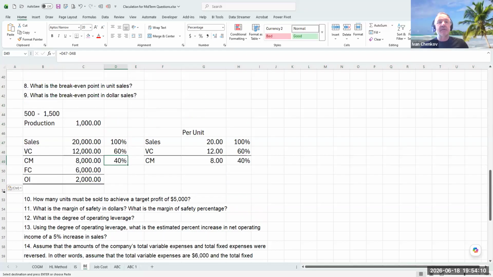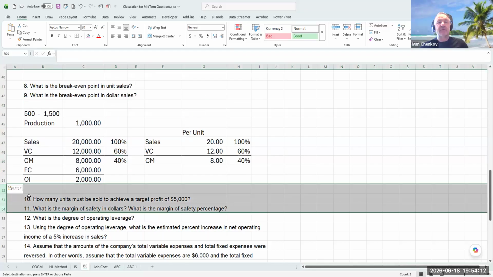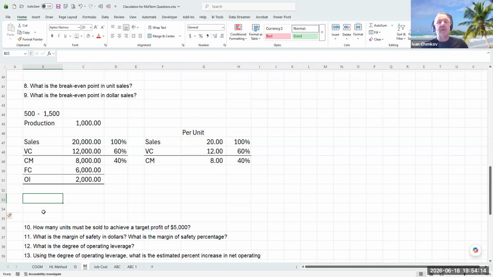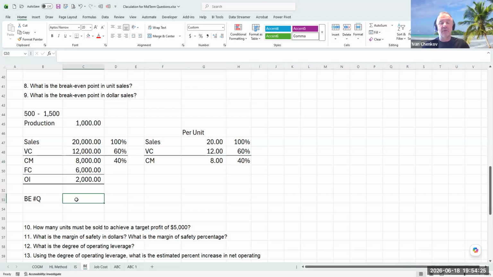So in this case, if we have to get the break-even in number of units, what do we need? We need contribution margin per unit. So I know the fixed cost divided by contribution margin per unit gives me the number of units that I need to sell to be at break-even.